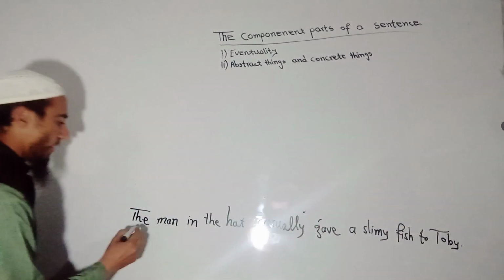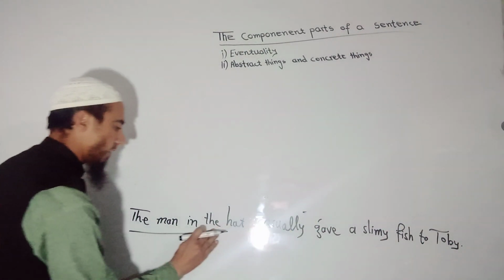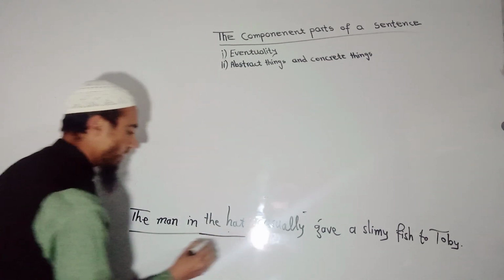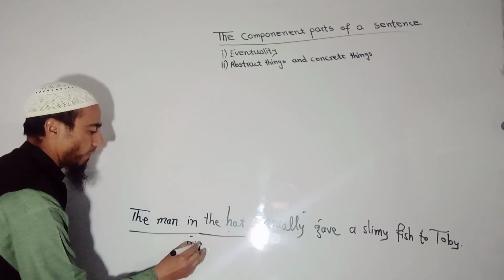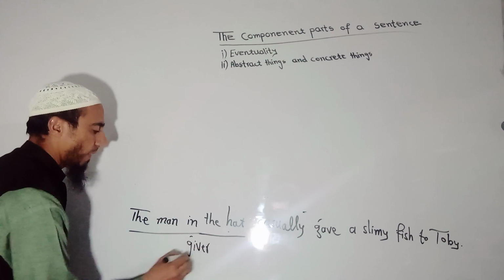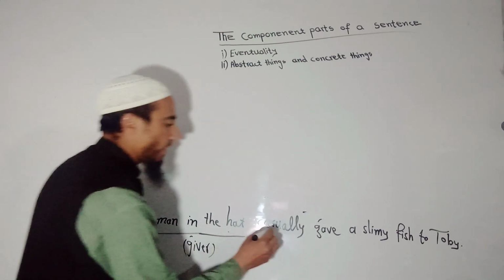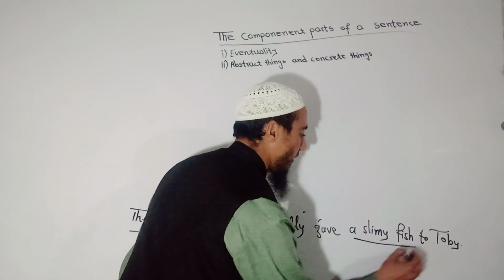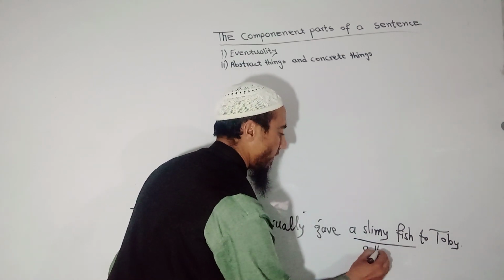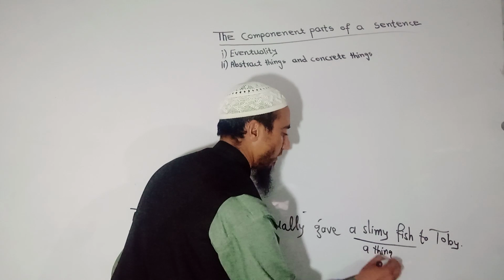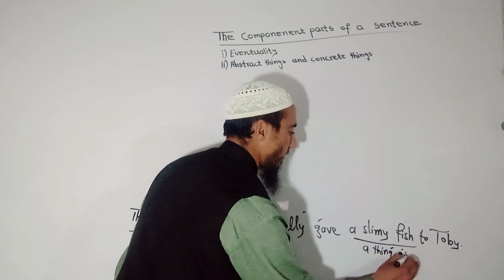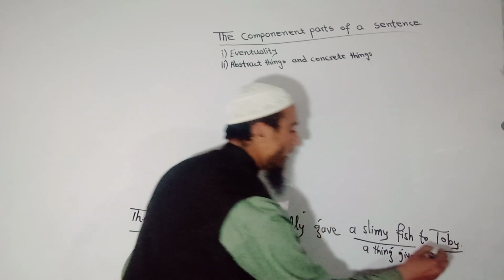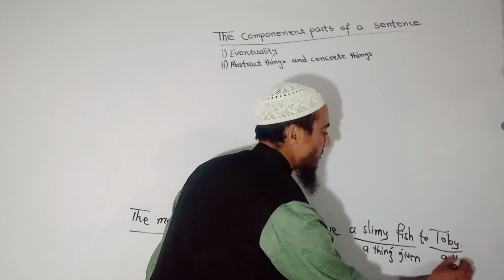Again, here we have the man in the hat, so the phrase function is giver. Here we have a slimy fish, that is a thing given, and to Toby, a thing given to.